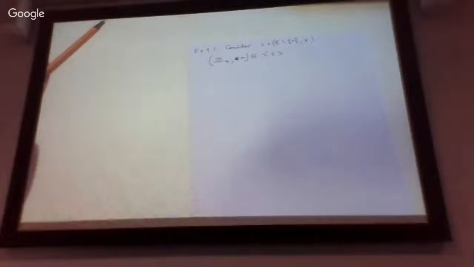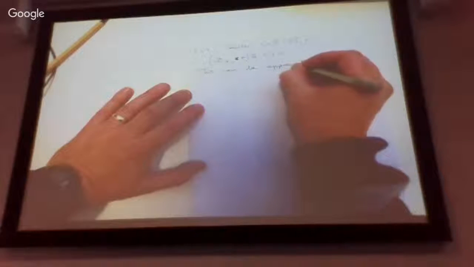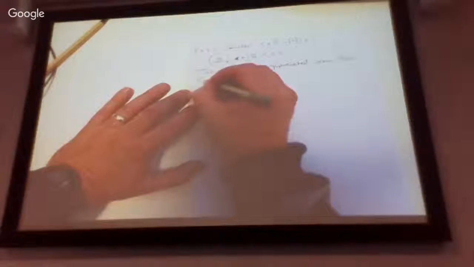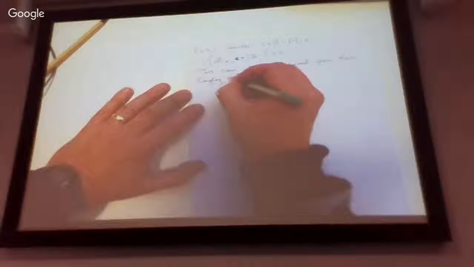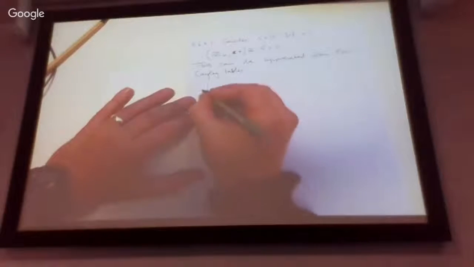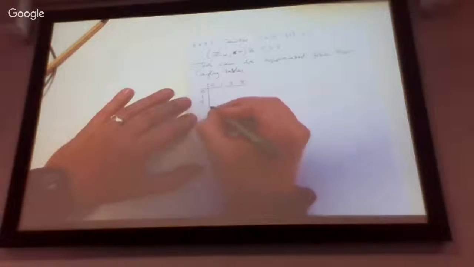Now, this can be readily seen, or this can be appreciated, from their Cayley tables. It's a good way to see this. We look at the Cayley table of the group of integers modulo 4 under addition.